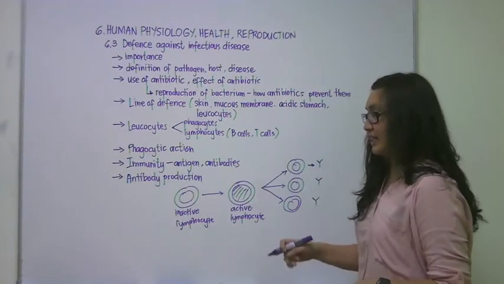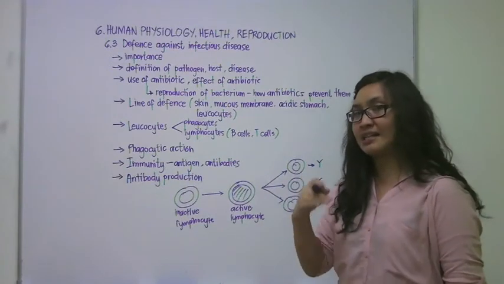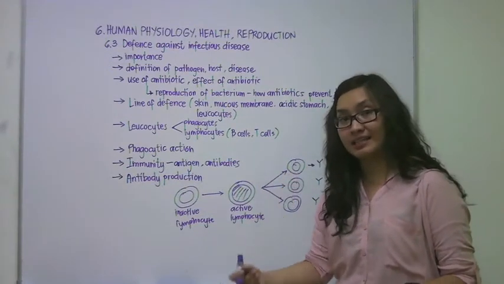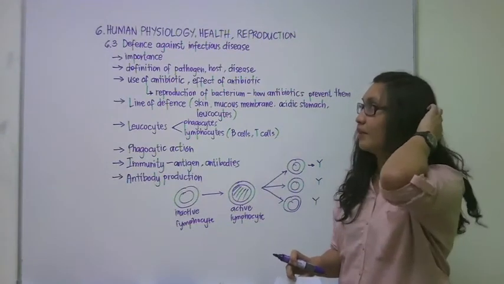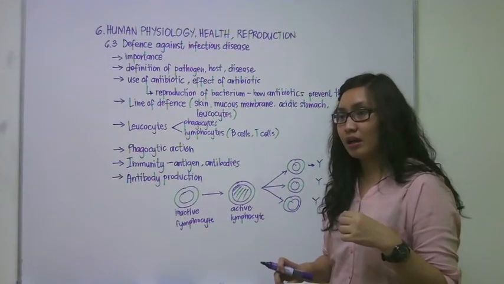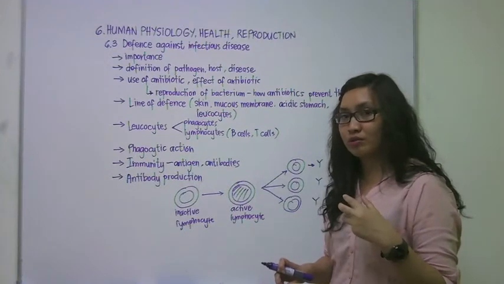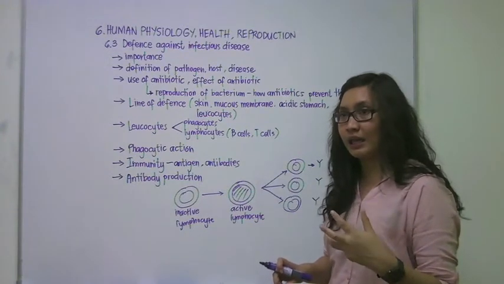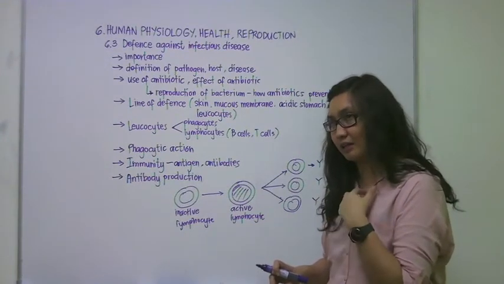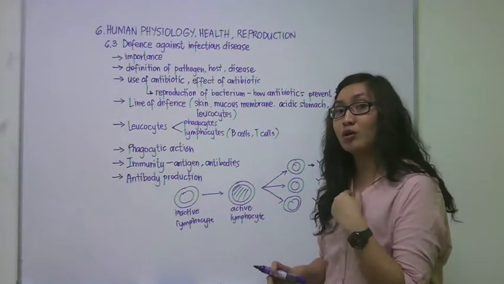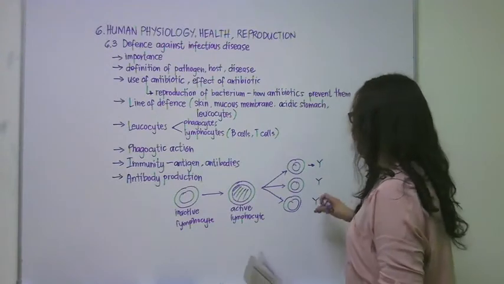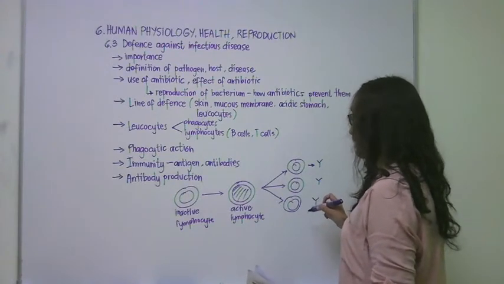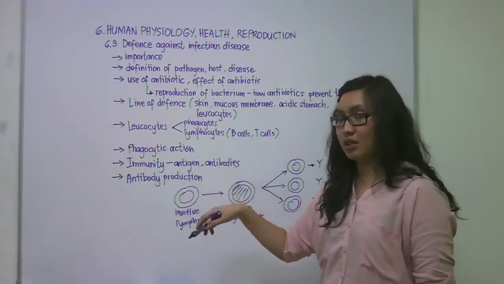We have to indicate that each and every pathogen has a specific antibody against it. So if the pathogen invades the body again, the body knows how to react against that pathogen. That's why we have antibodies. In that sense, we achieve immunity.